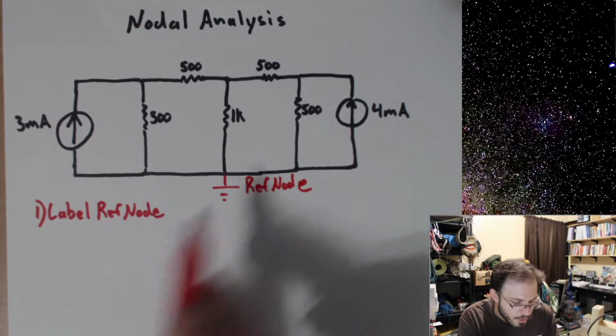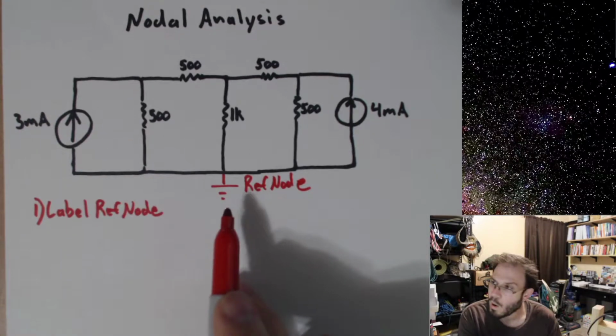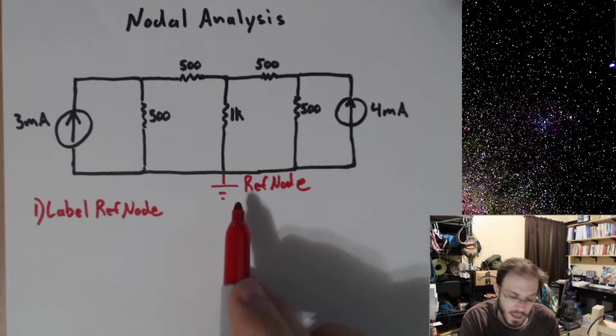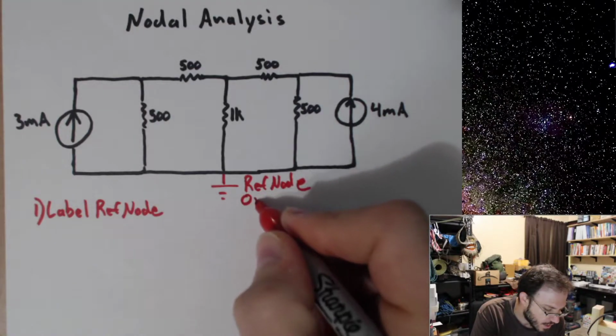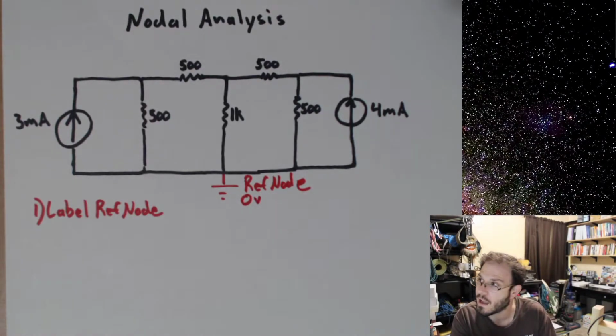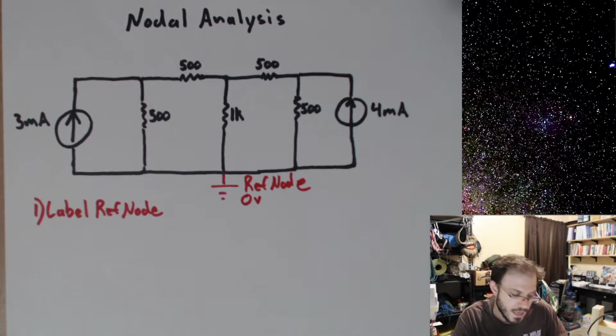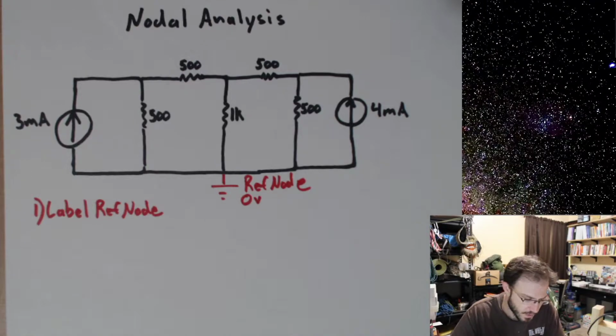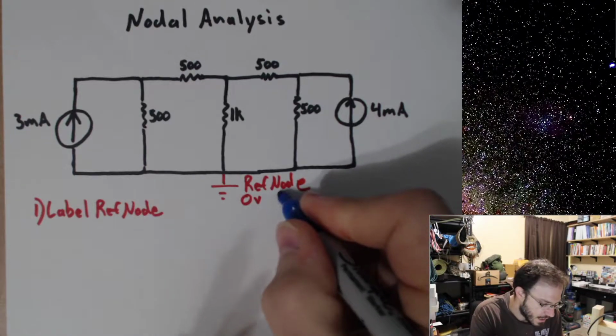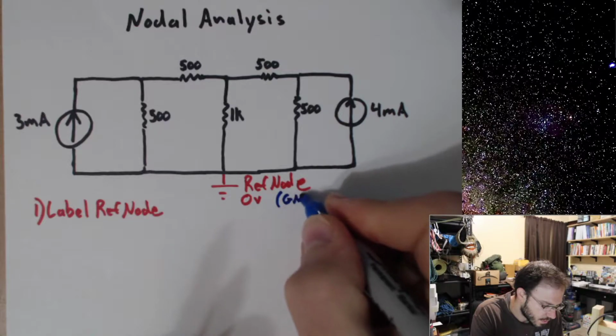And when we label something as ground, what we're really saying is that for all practical purposes, this is going to be considered 0 volts for the sake of solving this circuit. Wherever you place this ground symbol is going to be 0 volts.